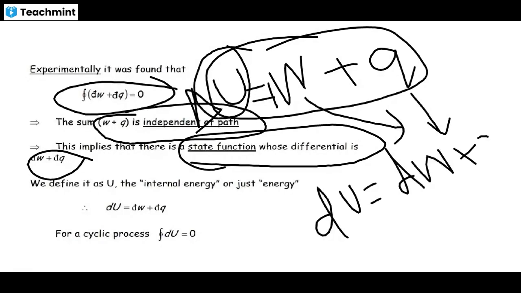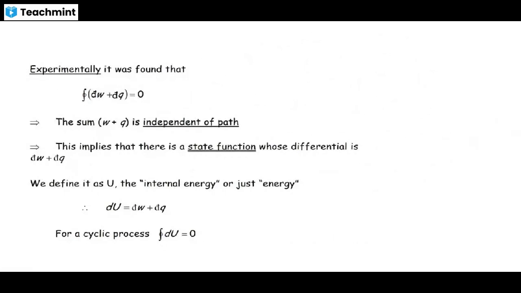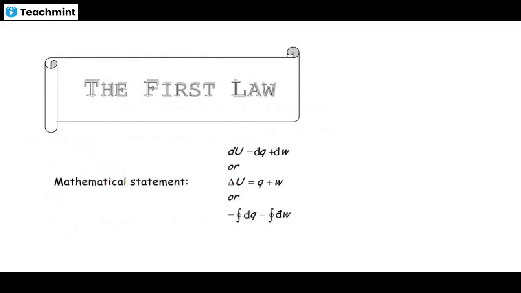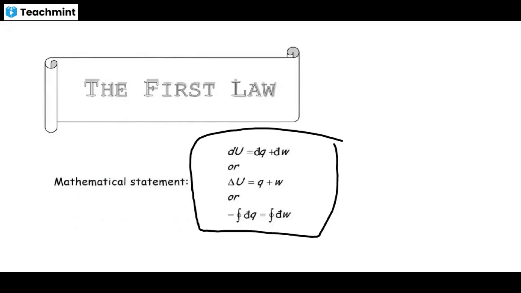I already told you each depends on path but the sum does not. This is the first law: the change in internal energy ΔU is equal to q plus w.